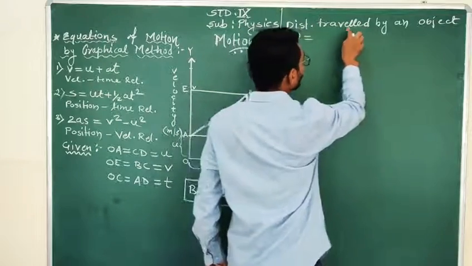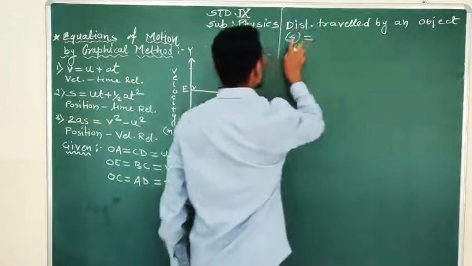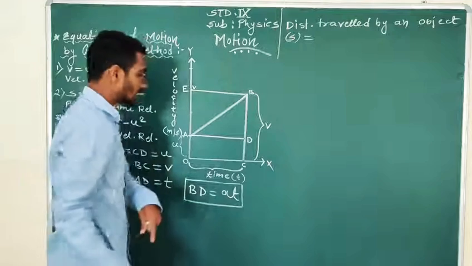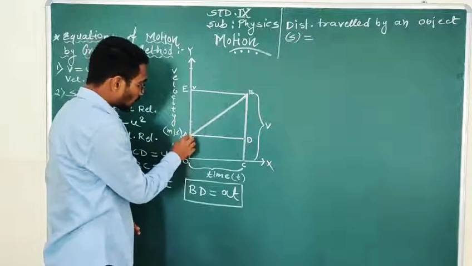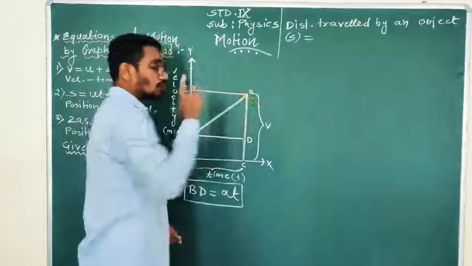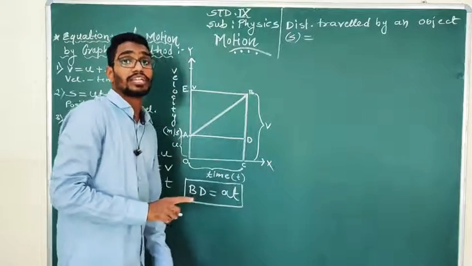So this particular distance traveled by an object is given by s. So the question is like, if the object uniformly accelerated from point A to the point B, what will be the distance traveled by that object?